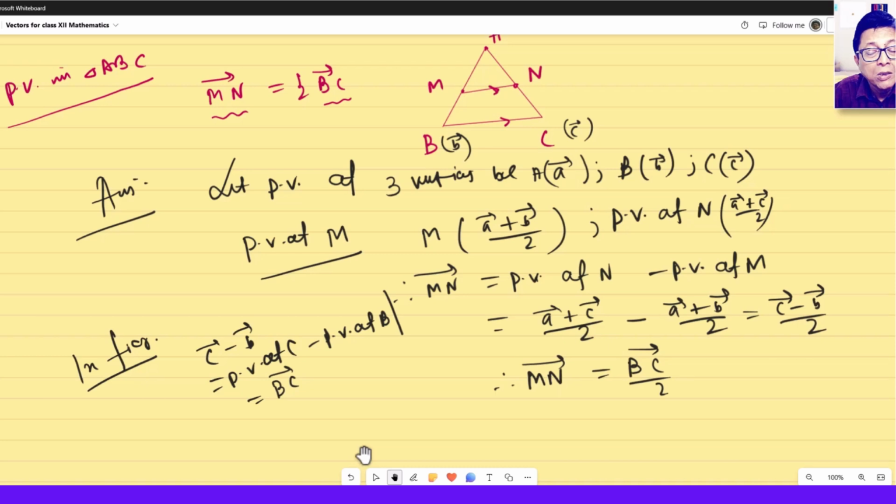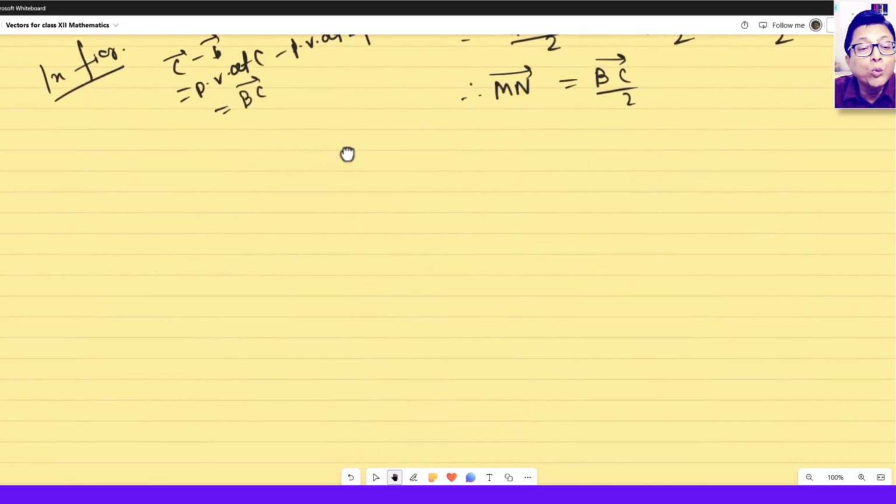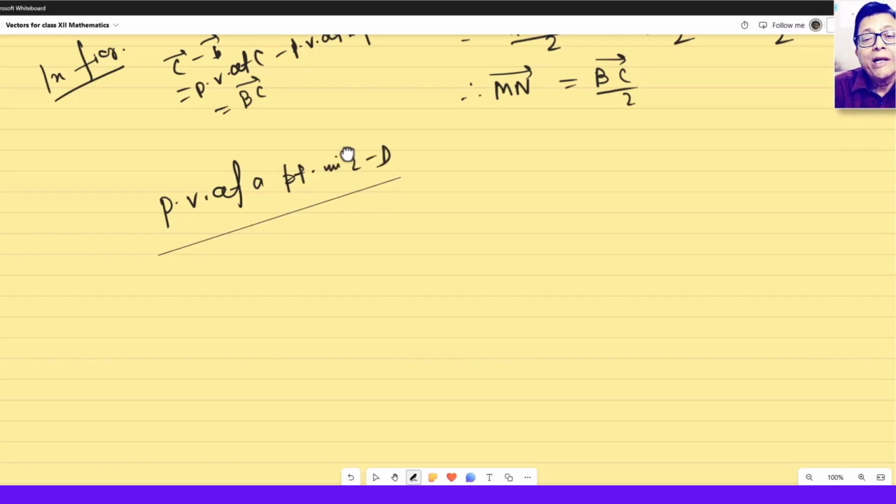Right now, we learn the position vector of a point in two-dimensional coordinate system. In 2D, one thing is very clear. This point, say P, has coordinates x, y.